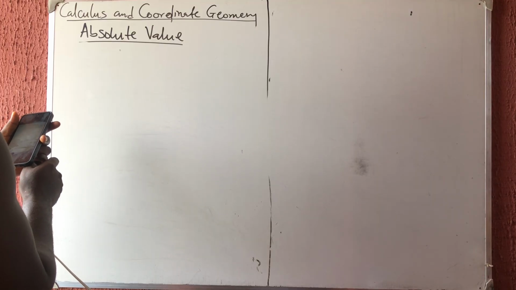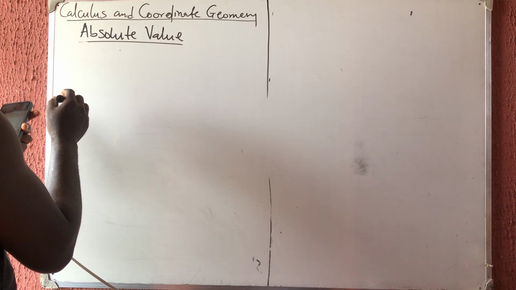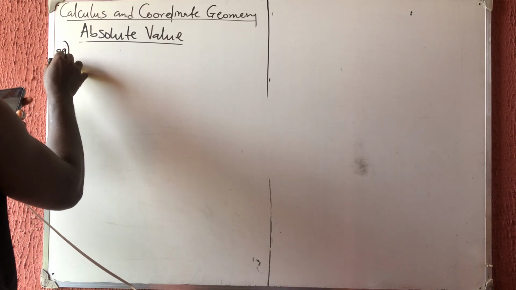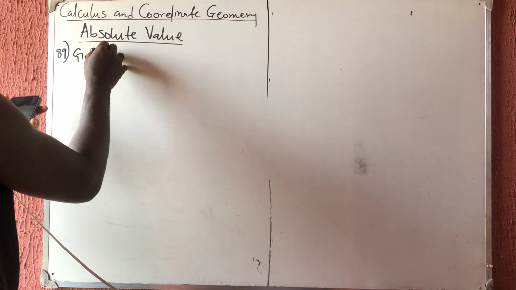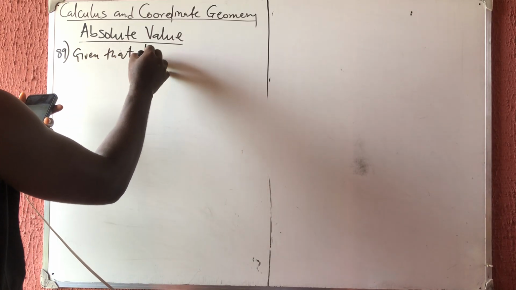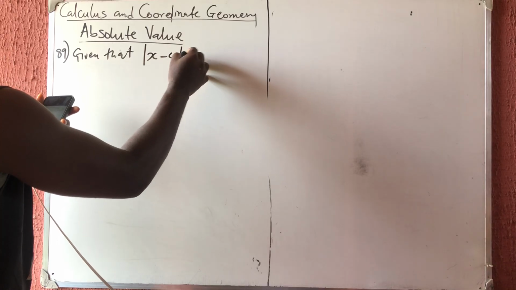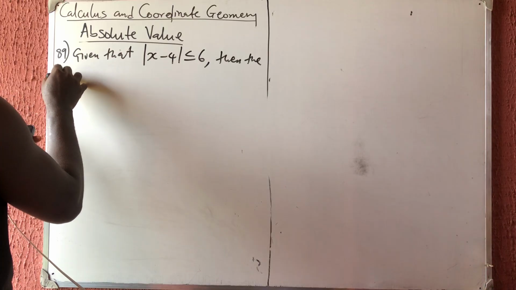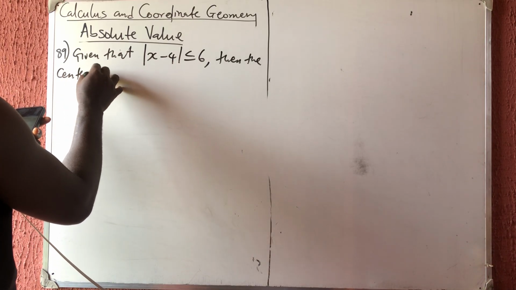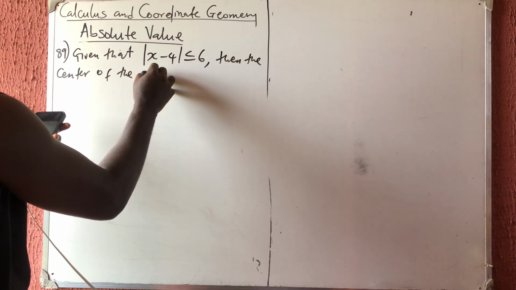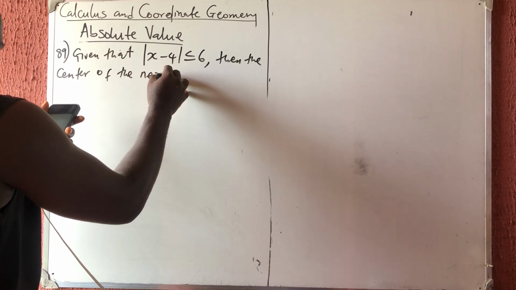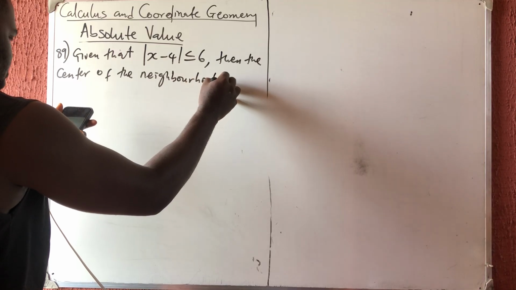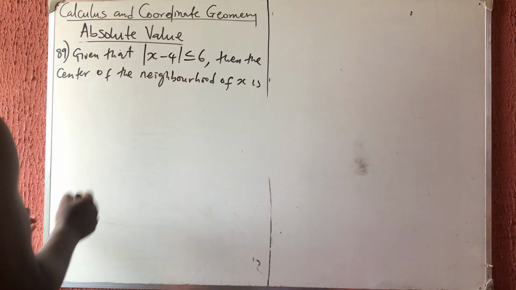Question number 89 said, given that the absolute value of x minus 4 is less than or equal to 6, then the center of the neighborhood of x is, so we should find the center of this.